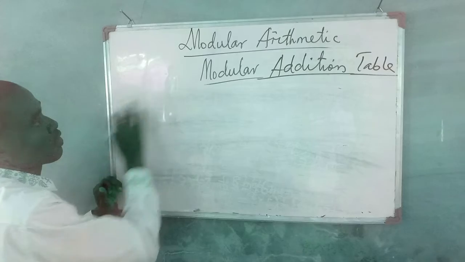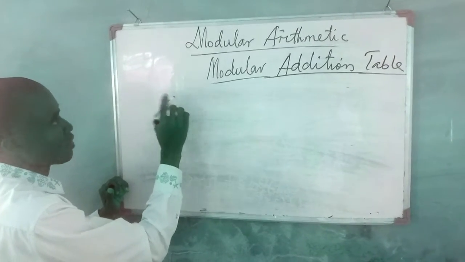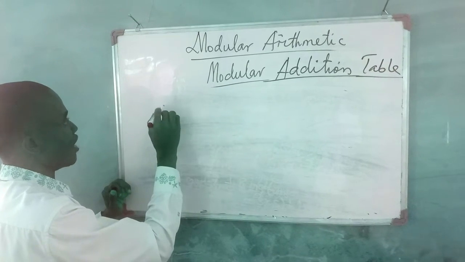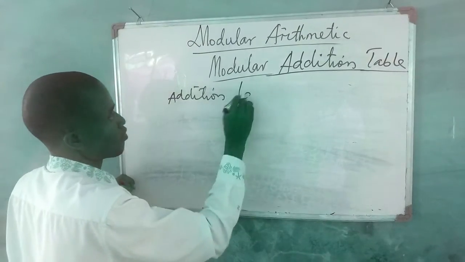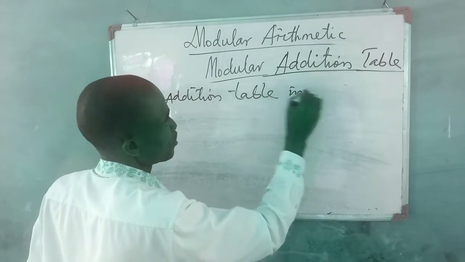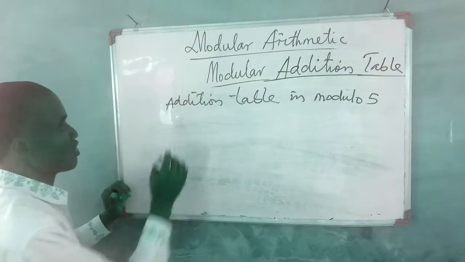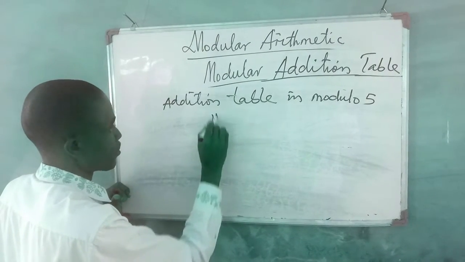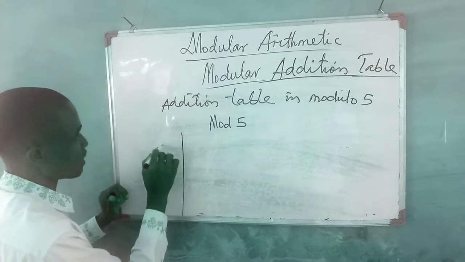Construct the addition table in modulo 5. This is how you are going to do it. First of all, write the modulo so that anybody that sees this will know the modulo you are dealing with.